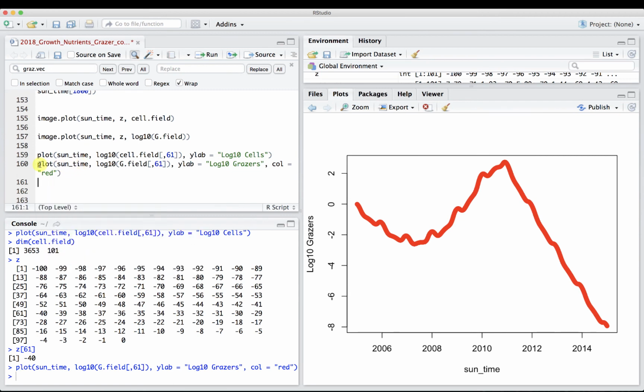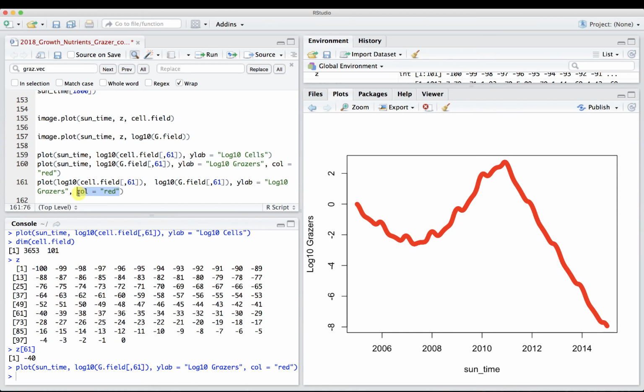And we can do this now. Let's plot, take this out. Let's put this as the x-axis. All right, so now we're just plotting the cell field versus the Grazer field.